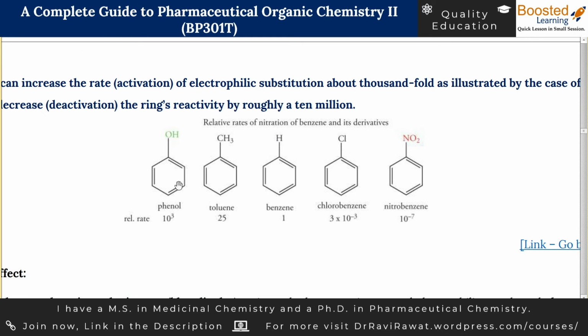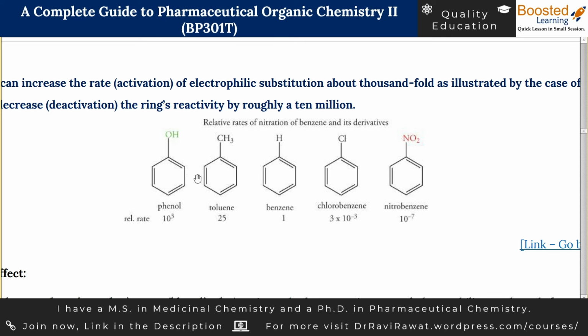Suppose you want to do nitration on each of them, and now you can compare which molecule undergoes nitration with ease. Suppose you do nitration with benzene and say the rate of the reaction has a value of 1. Now you compare the rate of the reaction of toluene, how easily it is undergoing nitration. The rate comes out to be 25 times faster than benzene.